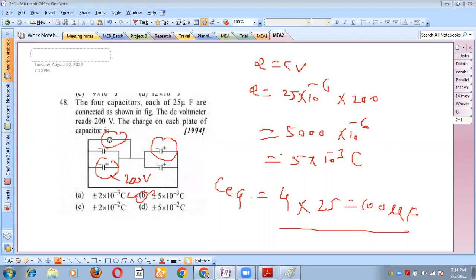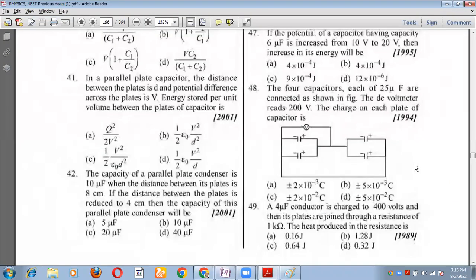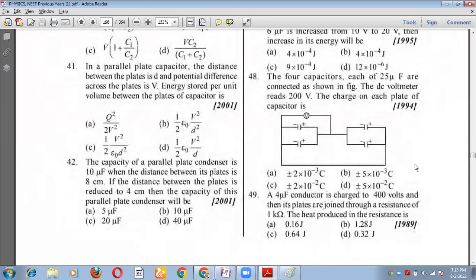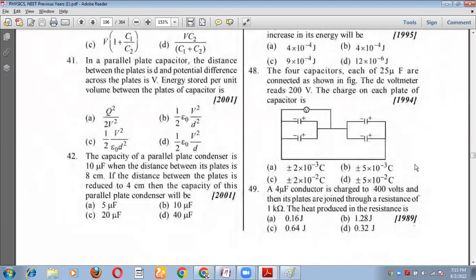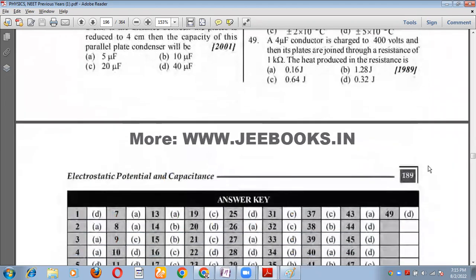Okay. So this is how we calculate capacitance. Moving to the next type of questions. Now we will see the next concept. Then we will do some questions.